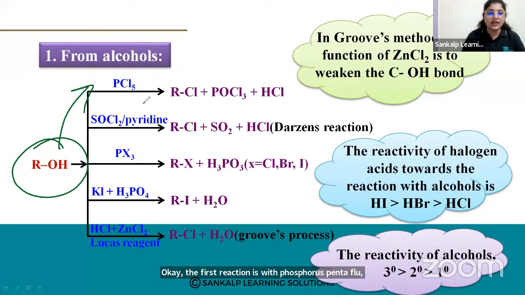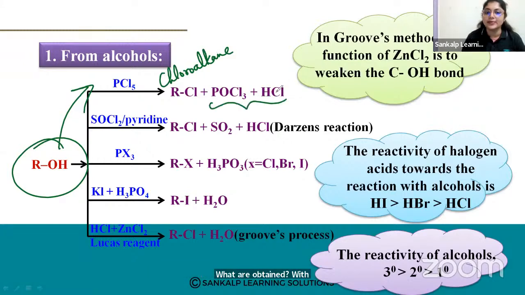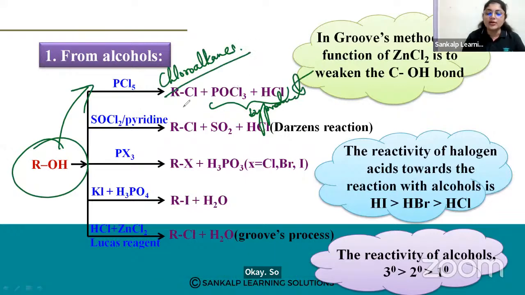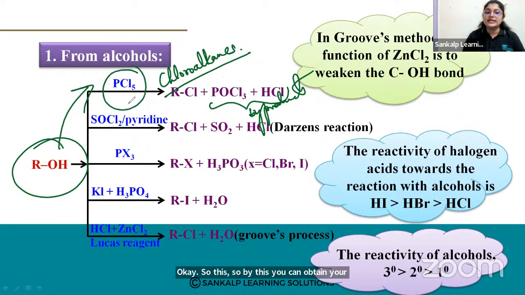When alcohols react with phosphorus pentachloride, they give chloroalkanes, with POCl3 plus HCl as the byproducts. So by this you can obtain your chloroalkanes with PCl5. So this is the first reaction.